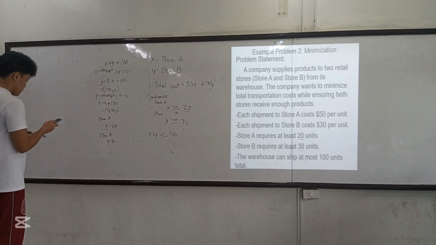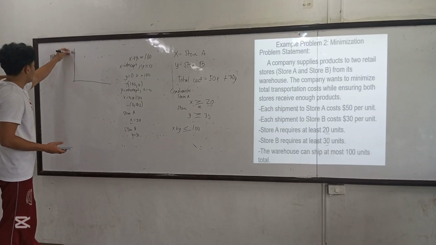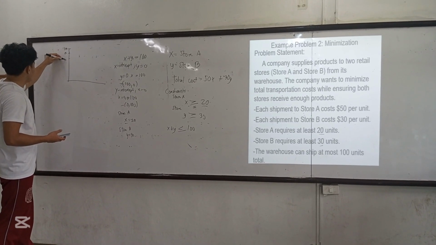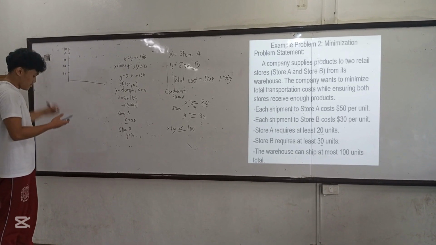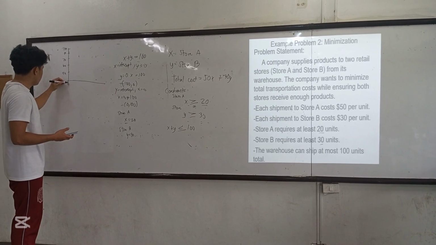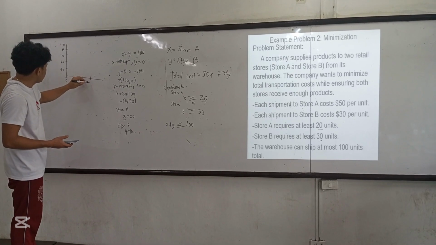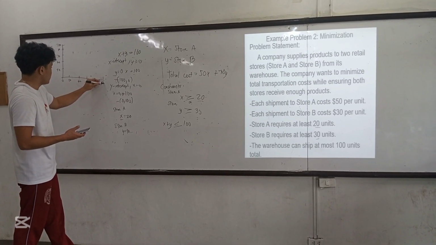So while graphing, the values on the axes are 100, 80, 60, 40, 20, and so on up to 100.